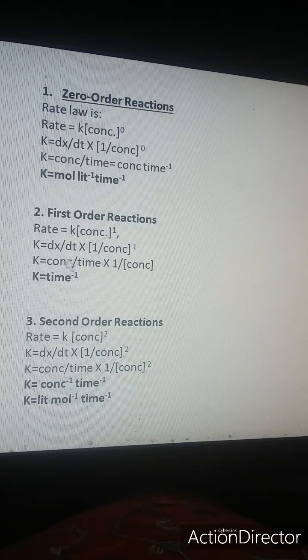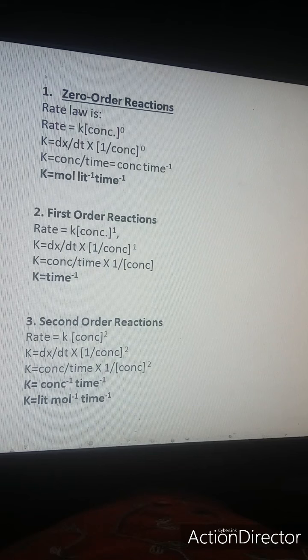Concentration upon time is moles liter inverse time inverse, into 1 upon, again concentration, moles liter inverse. So moles liter inverse will get cancelled, and you are left with time inverse. So this will be the unit for first order reaction.